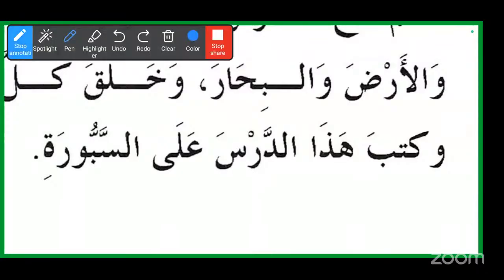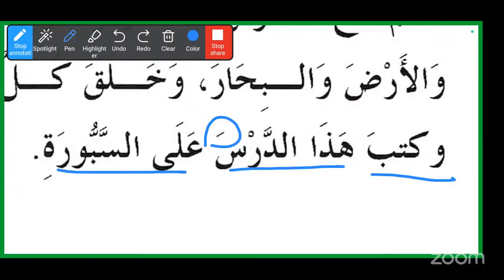He stood up and he wrote هذا الدرس, this lesson. I'm circling the mansoob part, so you can understand which one is the object. على السبورة, on the blackboard.